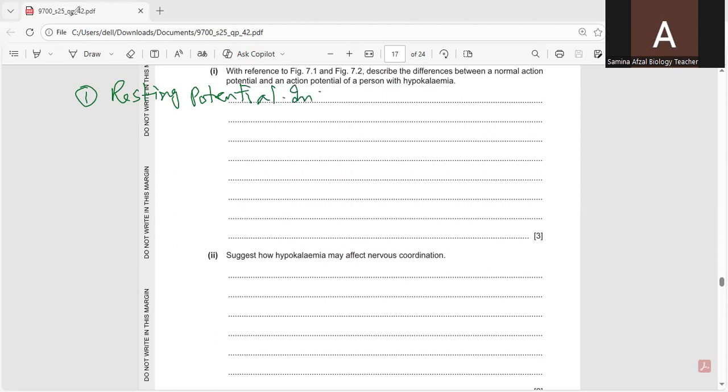In normal, it is minus 70 millivolts, and in hypokalemia it is minus 100 millivolts, meaning more negative.